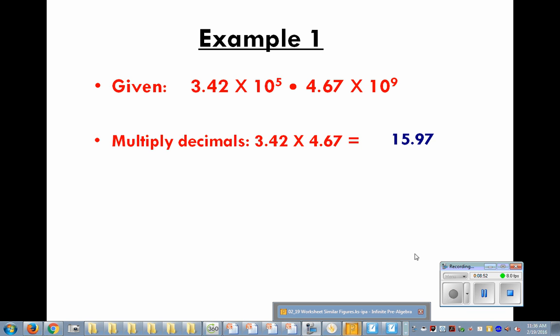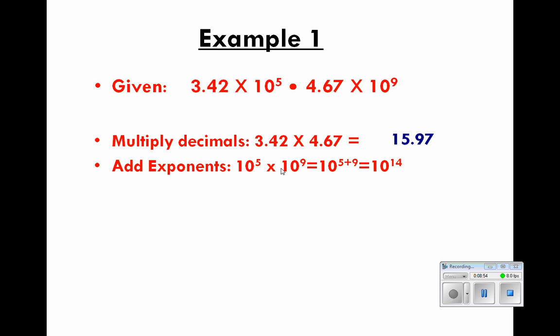Next, we multiply 10 raised to 5 times 10 raised to 9. And when you multiply, if they have the same base, you keep the base and add the exponents. 5 plus 9 will give you 10 raised to 14. Just combine these two together, 15.97 times 10 raised to 14.